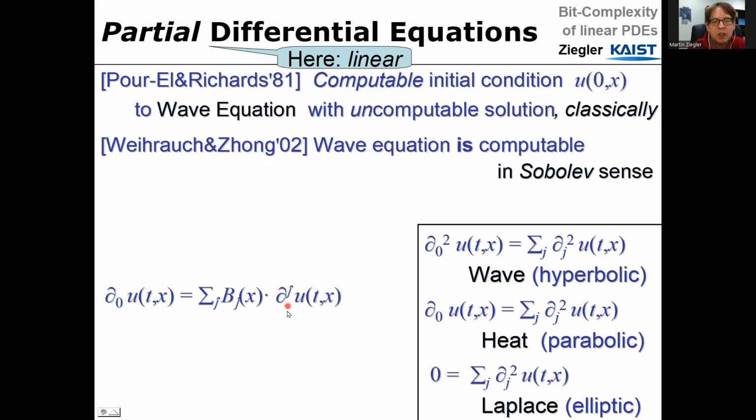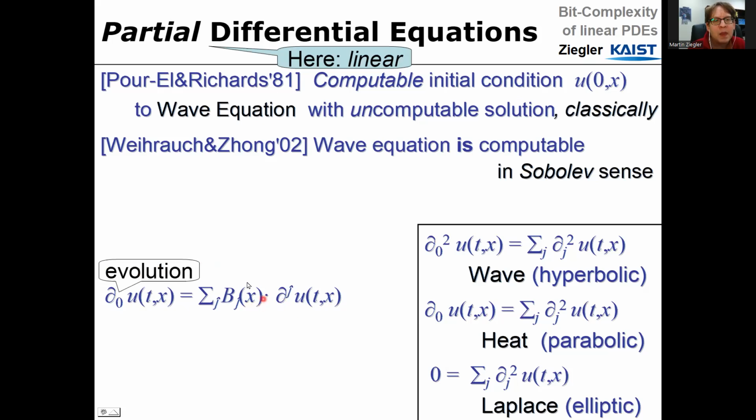So this J here is a multi-index. The first component means how often to differentiate with respect to the first spatial variable. The second component says how often to differentiate with respect to the second spatial variable, in the case where X ranges over some high dimensional Euclidean space. So this is an evolutionary partial differential equation.